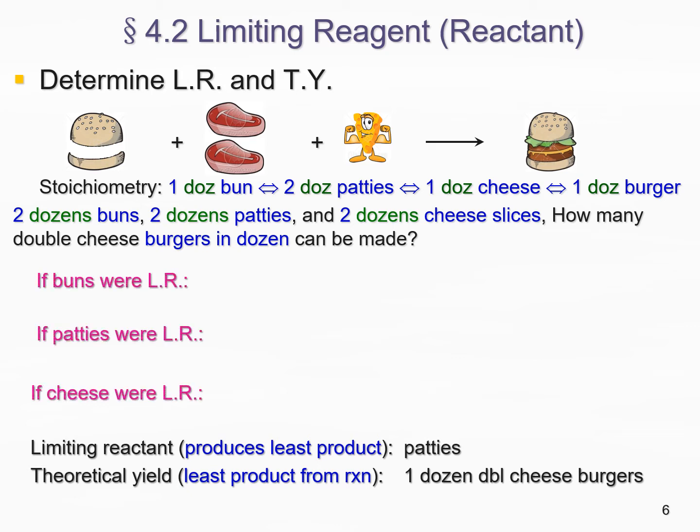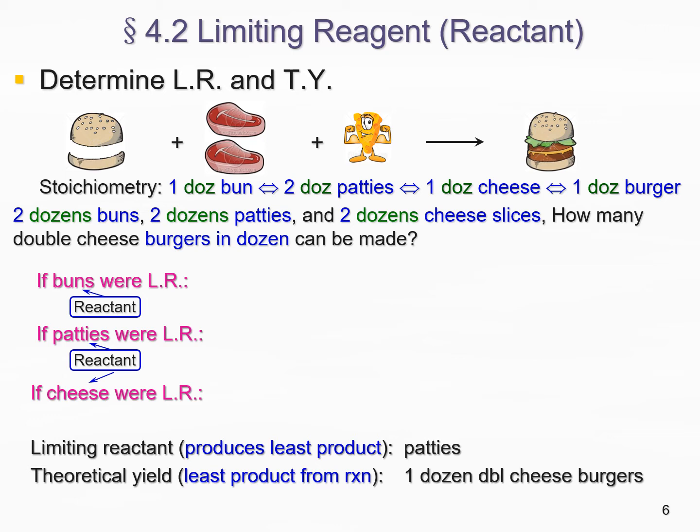Since we have 3 reactants, why don't we just assume each one was the limiting reactant? Don't worry about the other 2. We just simply assume the other 2 got enough amount, or way more amount to support our calculation. So say, what if buns was the limiting reactant? Or patties, or cheese? I just want you guys to know, we start off with each individual reactant. We're going to carry out 3 conversions.